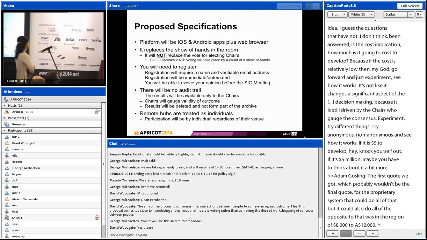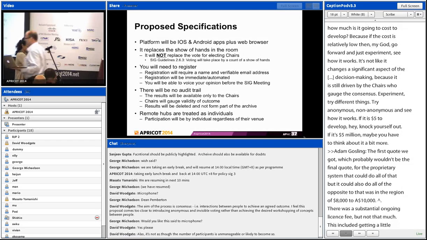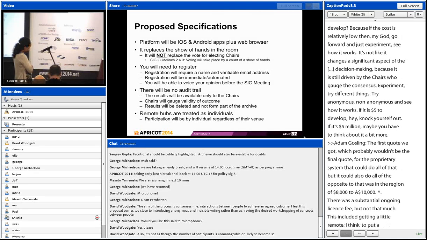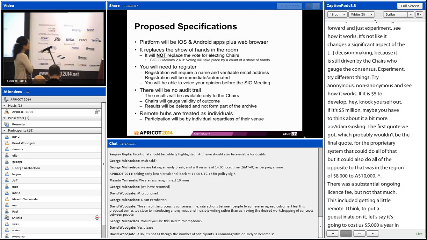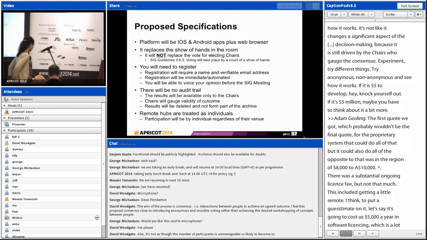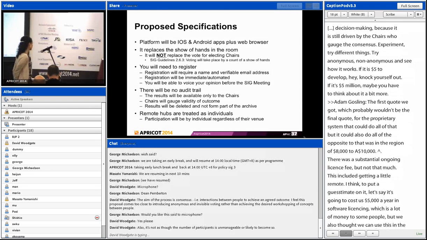So I think to put a guesstimate on it, let's say it's going to cost us $5,000 a year in software licensing, which is a lot of money to some people. But we also thought we can use this in the training to kind of justify the cost a little bit. It's not 5 million, but it's more than 5.